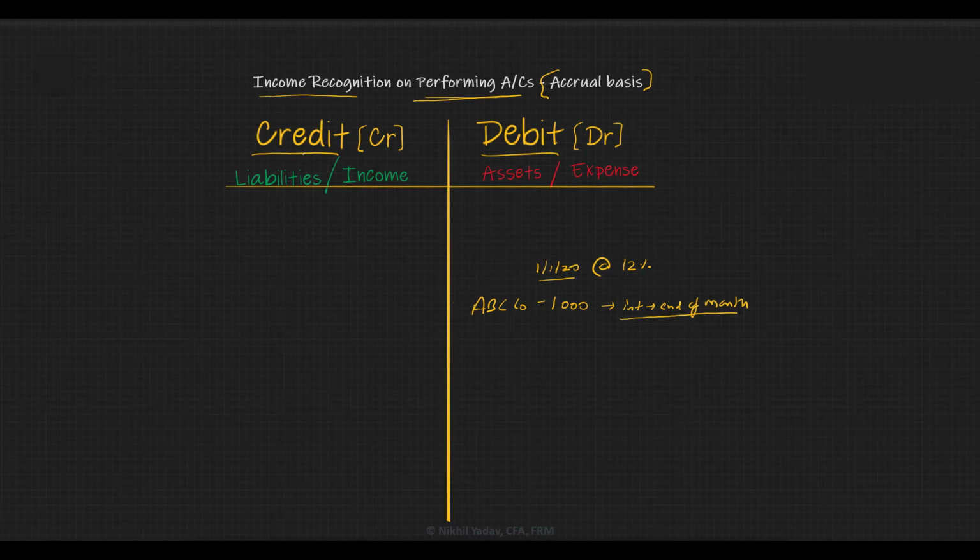So let's say the month of January has passed. What will happen at the end of January is we will debit this account of ABC company by 10. Because the interest rate was 12, for each month 1% becomes 10, so an interest of 10 was debited. Correspondingly, we will recognize this income in the P&L by crediting it. So under the P&L, we will recognize this income under the head interest income on advances and will credit it by 10.